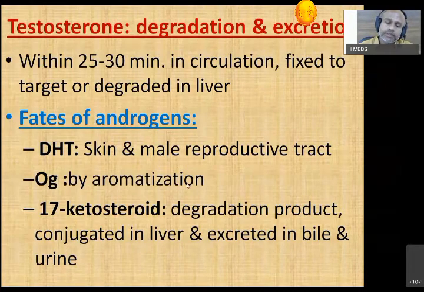Estrogen, by aromatization, is formed in the brain, liver or adipose tissue in males. 17-ketosteroid is a byproduct or degradation product. It is formed in the liver, conjugated with glucuronic acid, and excreted in bile and urine.